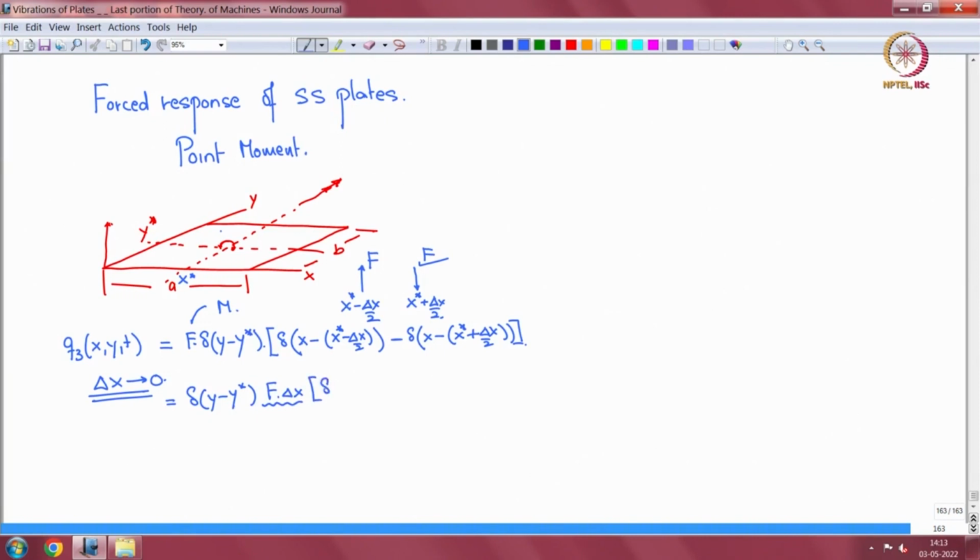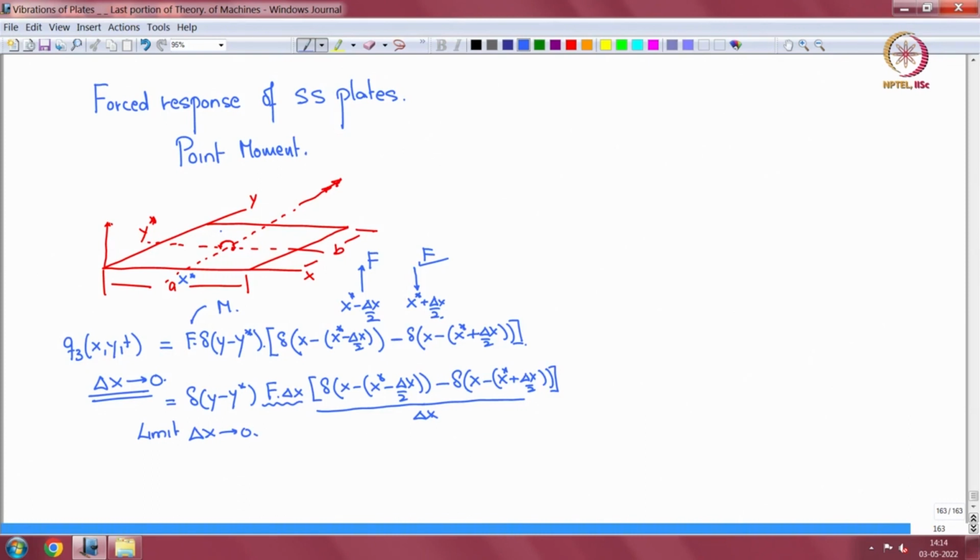Then I have delta of x minus x star minus delta x by 2 minus delta of x minus x star plus delta x by 2, and I will divide this by delta x and take the limit delta x tending to 0.